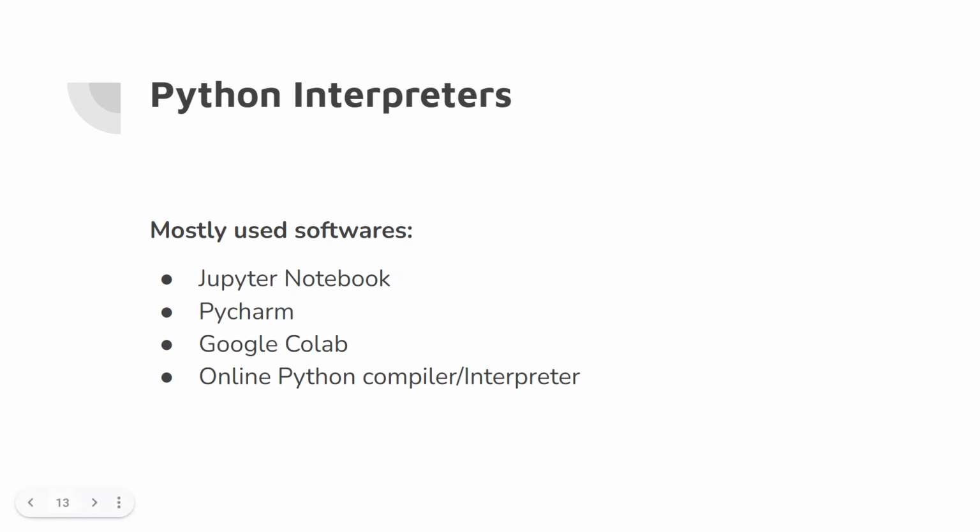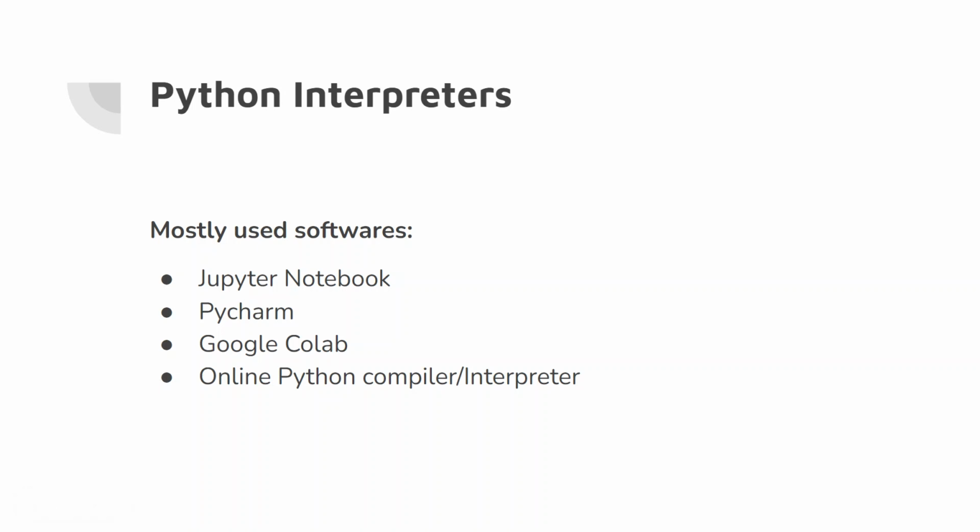And now there is Google Colab. It's like an online tool. I will show you how it looks. So it's an online URL where you can use Google Colab, or you can directly search for Google Colab, and you can use it directly. In industry, Google Colab is mostly used. And the last option is an online Python compiler or interpreter.